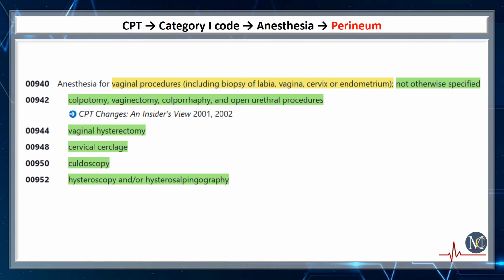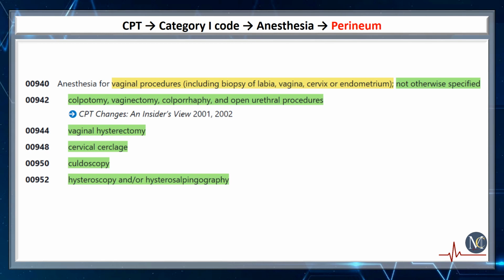Cervical cerclage. Cervical cerclage is the way of keeping the cervix closed during pregnancy to prevent premature birth. The provider performs anesthesia services for a patient undergoing a procedure in which the surgical provider uses sutures to close the cervix in a pregnant female who has an incompetent cervix to prevent premature delivery.